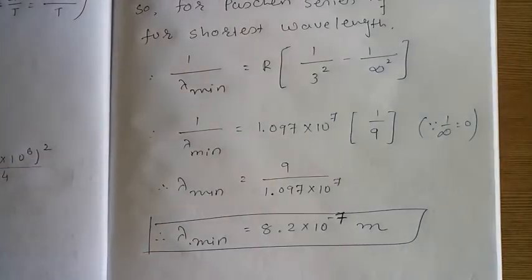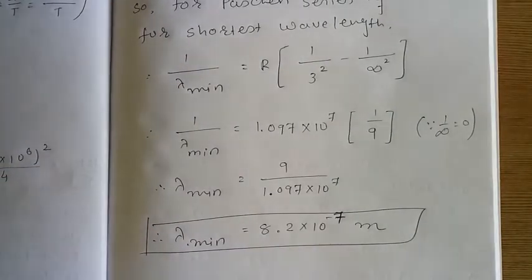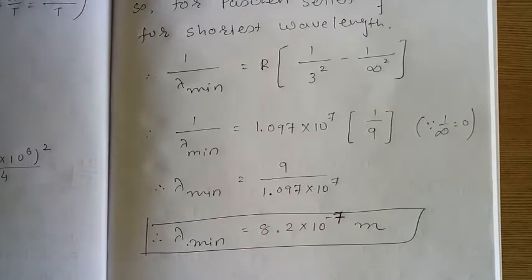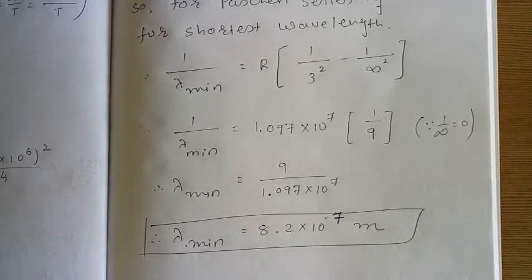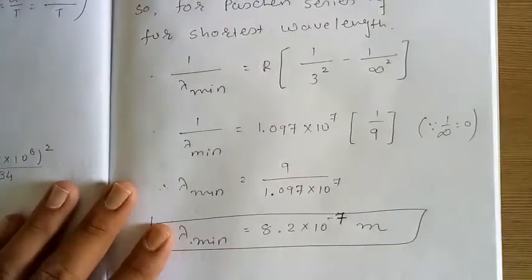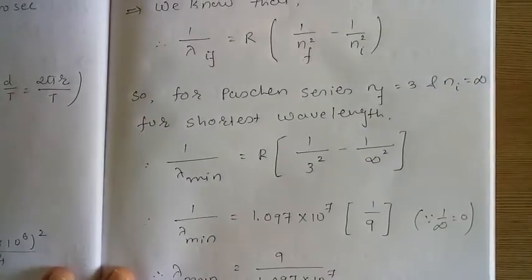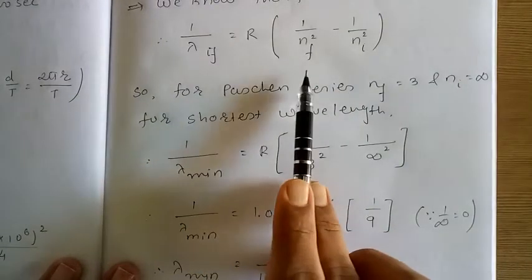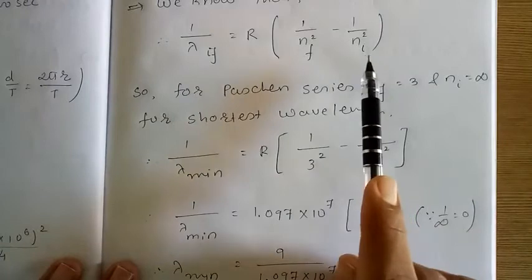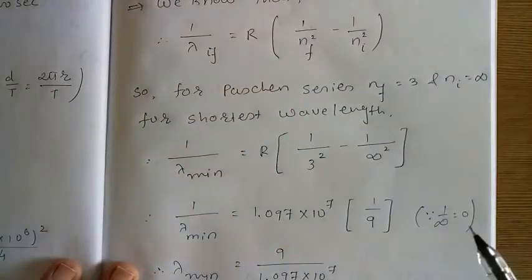Once again, we have to find out the value of shortest wavelength for Paschen series. Now we know the formula of wavelength of the spectral line: 1 by lambda is equals to R into 1 upon NF square minus 1 upon NI square. For Paschen series the value of NF is 3 and for shortest wavelength NI is equals to infinite.